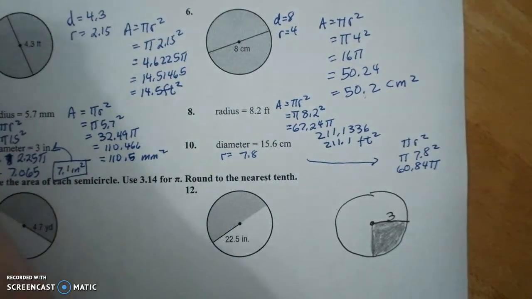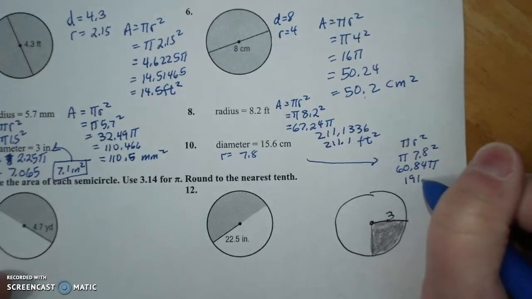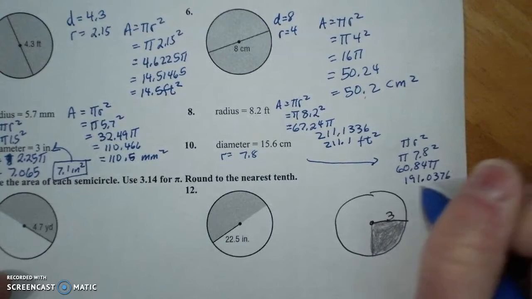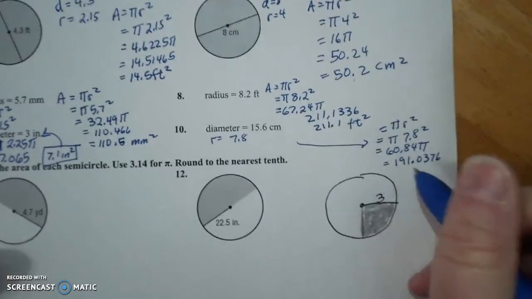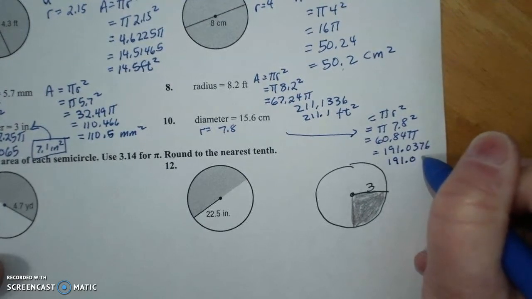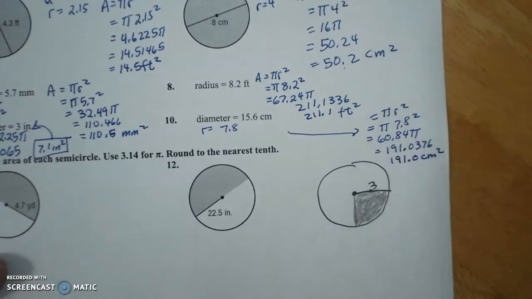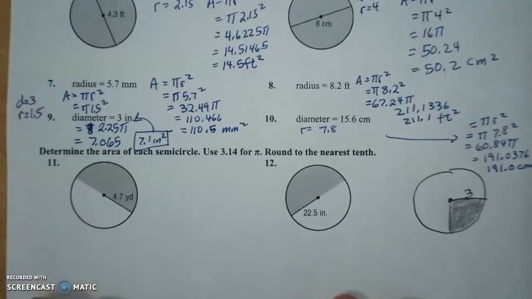I multiply it by 3.14. I get 191.0376. I round it to the nearest tenth because my directions say so. 191.0 centimeters squared. And yes, I wanted the 0, so I know that it is not a perfect 191.